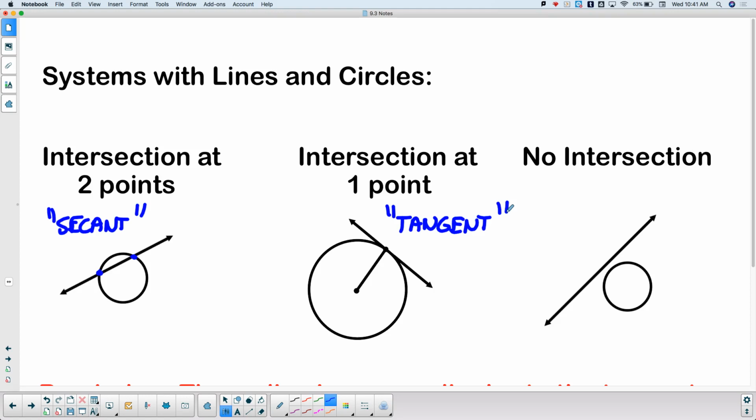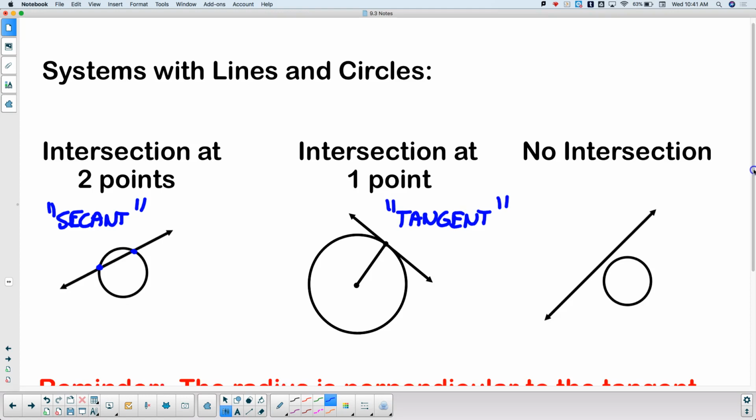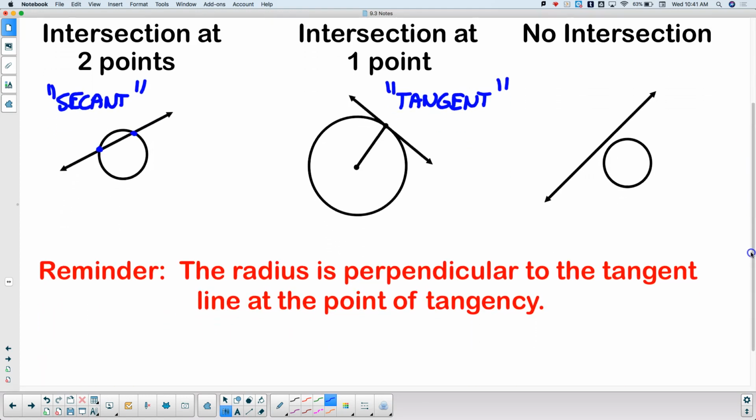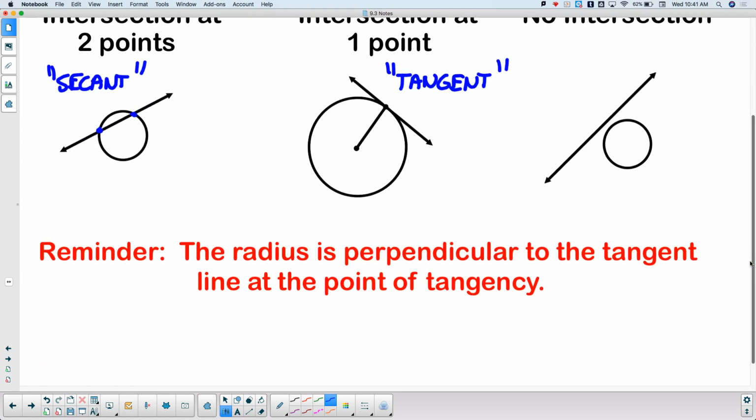And no intersection, we just call that no intersection. Now, the cool thing about circles is that the radius is perpendicular to the tangent line. So this would be the tangent line right there.